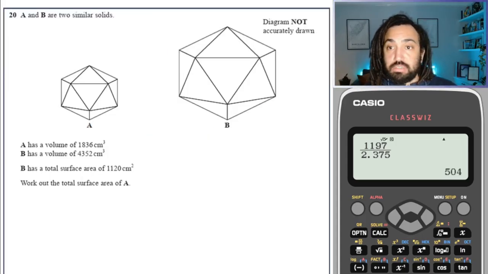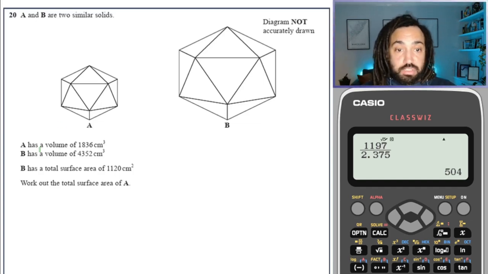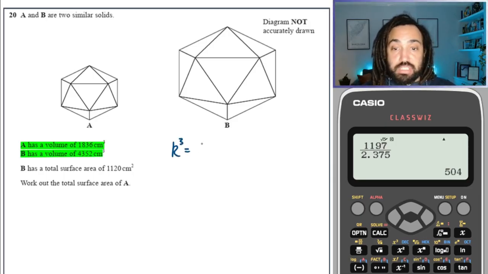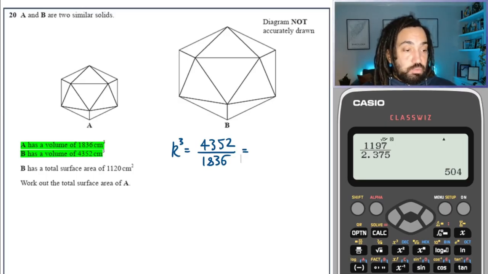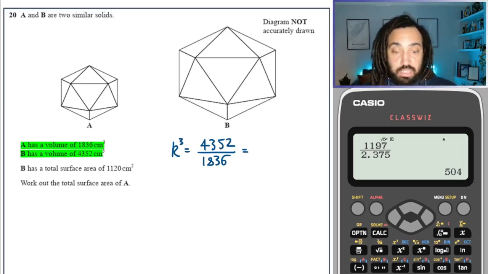Okay, next question. Again, this one looks like quite a straightforward one, because we're just told the volume of A and the volume of B, so that means we can work out the volume scale factor, which is k cubed. I'm going to do the larger one divided by the smaller one, which I'd always recommend if you can, and this will give us k cubed.